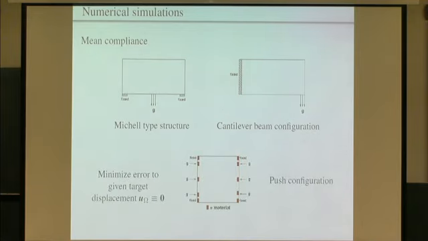Then for the compliant mechanism, where we want to minimize the error to a given target displacement, we take U omega, our target displacement, to be equal to 0 everywhere in the domain. In the mean compliance computations, for our sets S0 and S1, where we prescribe fixed material and void, the computations worked without prescribing any regions of fixed material or void.